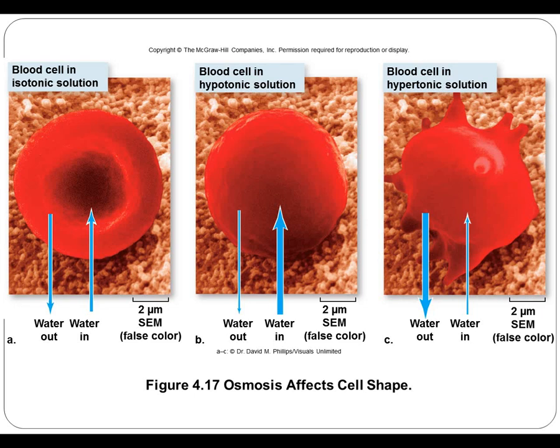So in animal tissues such as yourself, what do you think you prefer? I actually prefer isotonic. Animal tissues, such as your body, prefer isotonic environments, no different, so that our cells don't swell or shrink.